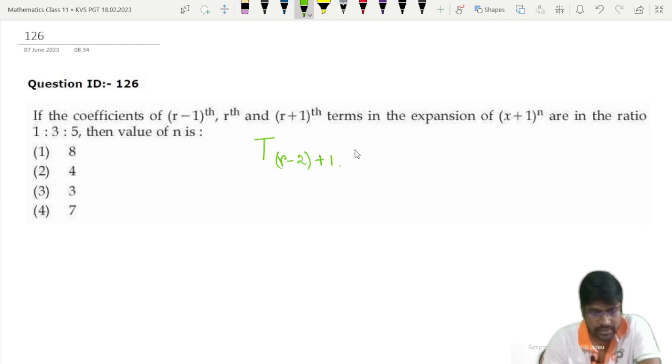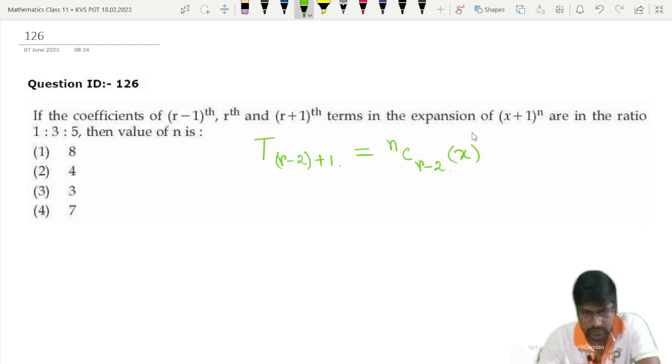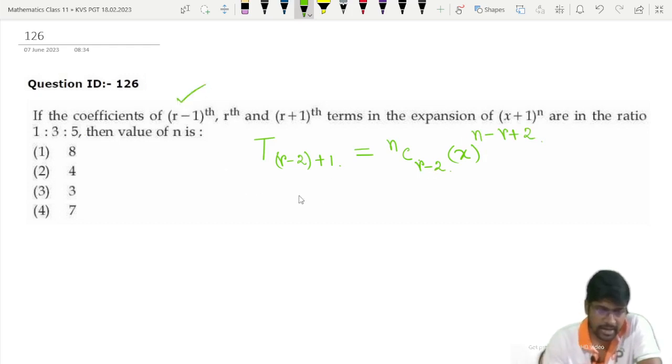Now this term will be equal to nc r minus 2 x to the power n minus r plus 2. This will be the r minus 1th term.